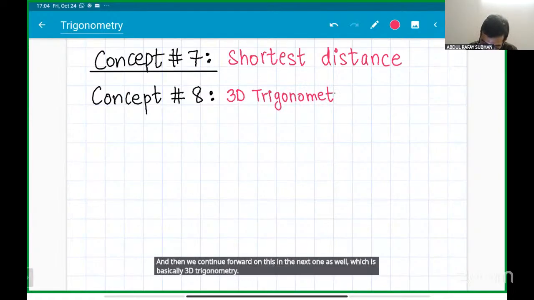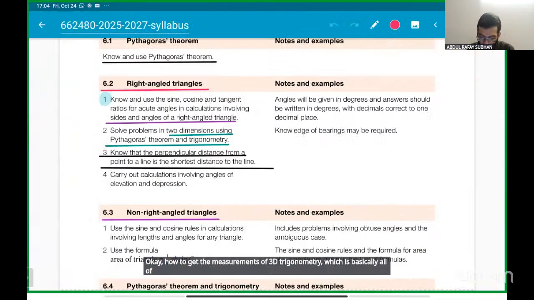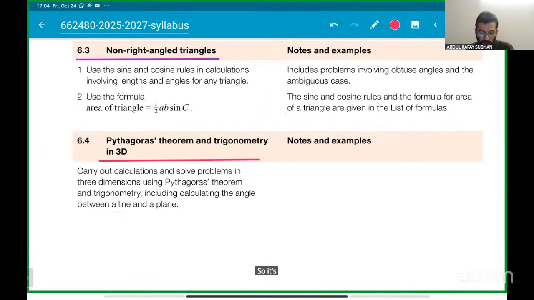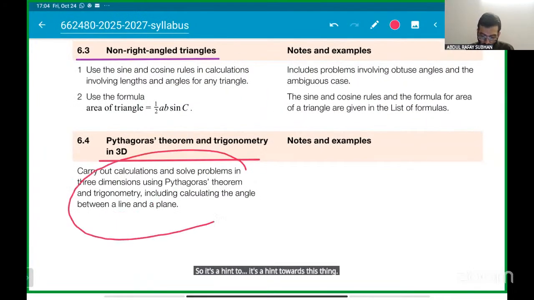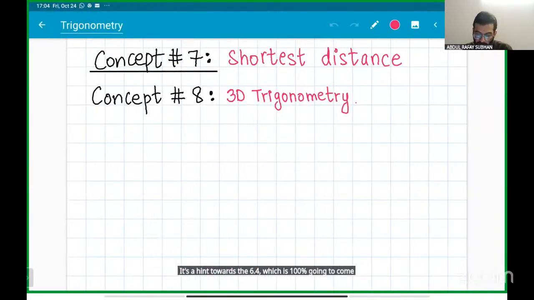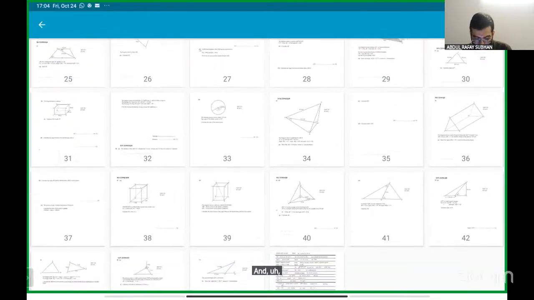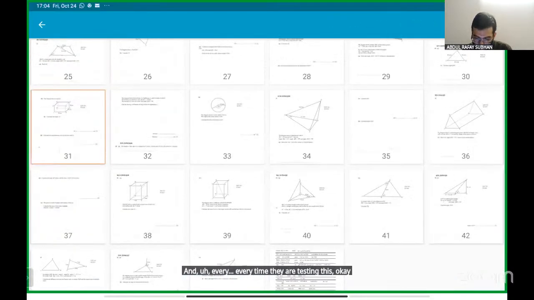How to get the measurements of 3D trigonometry, because all of them come together combined. It's a hint towards 6.4, which is 100% going to come in the exam because this is recently added in the syllabus, and every time they are testing this.